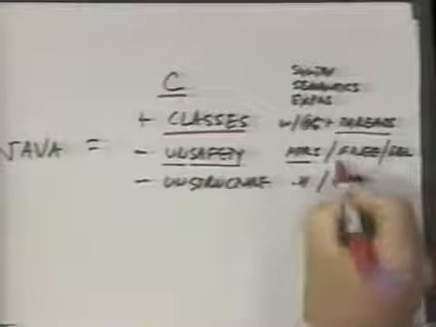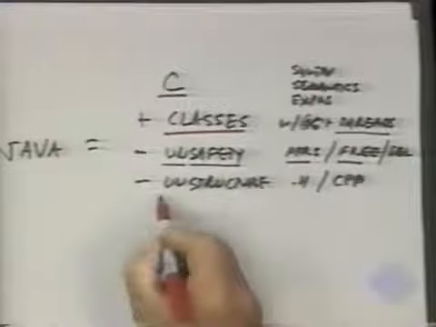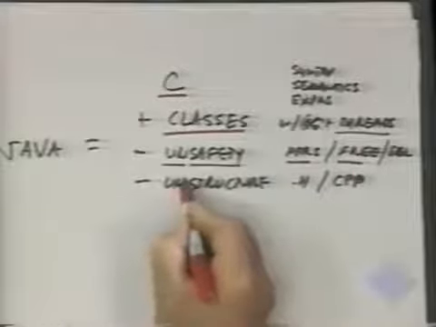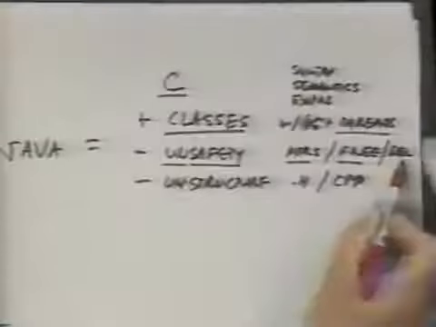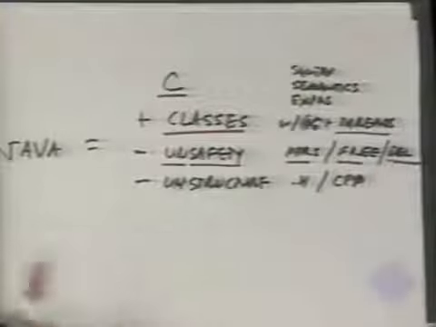And we've also taken out what I call unstructure, which is what happens with C, where you run your program through the preprocessor, and thereby what the compiler really sees and what you see are just arbitrarily mangled from one to the other. So on the unsafety, elimination of pointers and pointer arithmetic, free. Yeah, that's manual deletion. Manual deletion, right. Get rid of that. Right, okay.